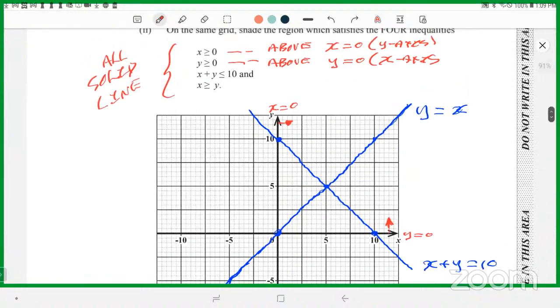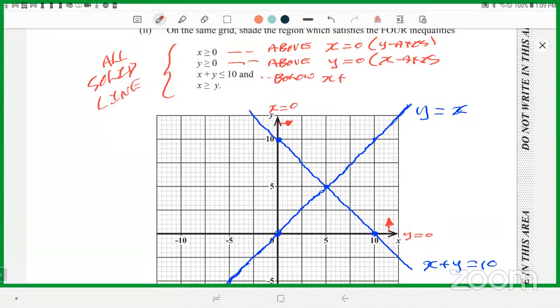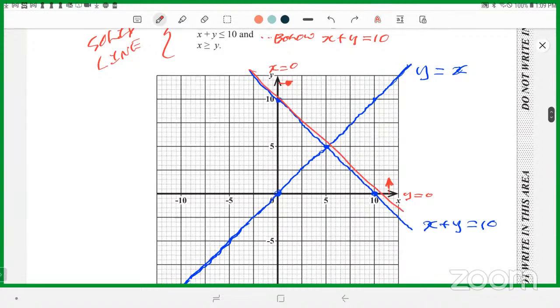And the next inequality is this one. The y over here is positive, so the less than means below. So for this one, now we're going below. The line associated with that inequality is x plus y equals 10 that we drew.